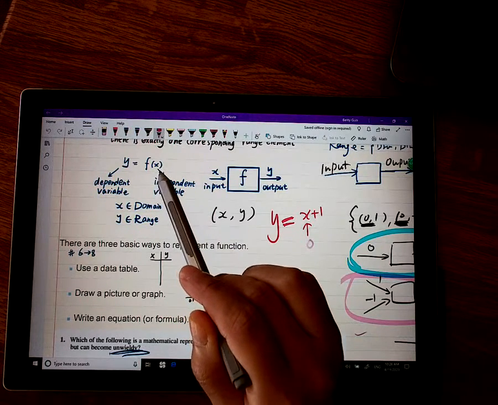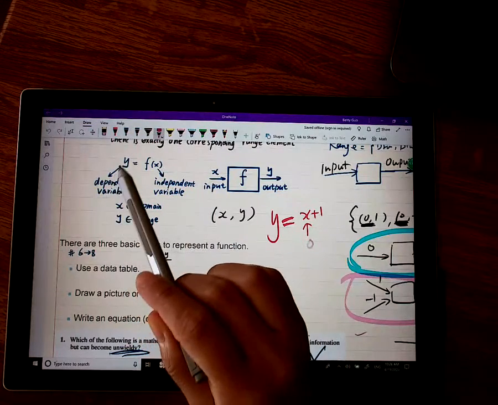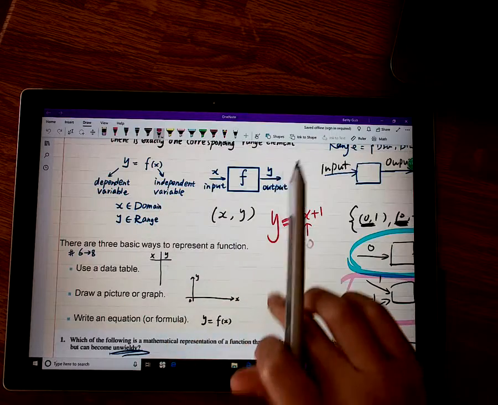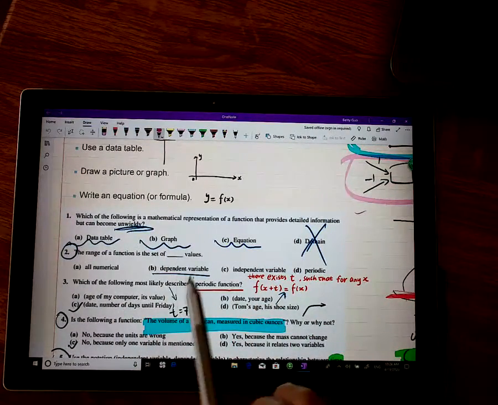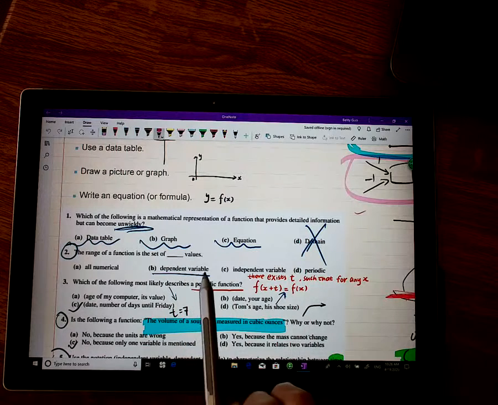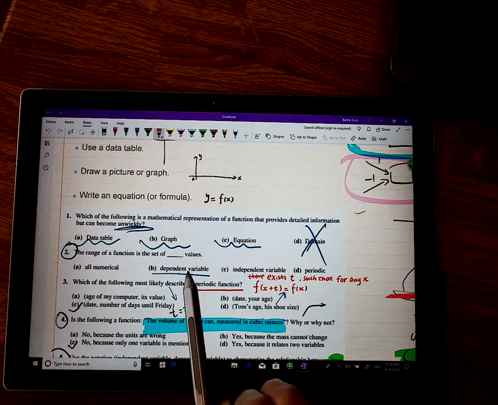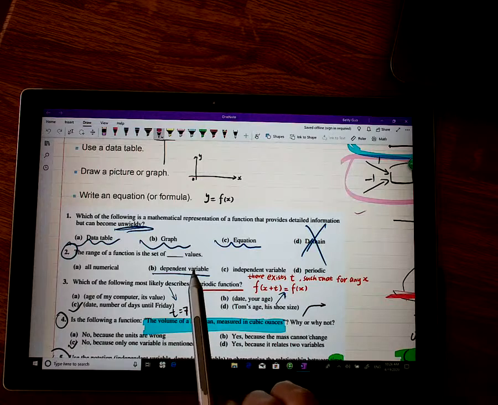So X represents all the values in the domain. Y represents all the values in the range. So what should we choose here? The range of a function is the set of dependent variable values. You could also understand the range of a function is the set of all the outputs. And the domain includes all the inputs. Range includes all the outputs.